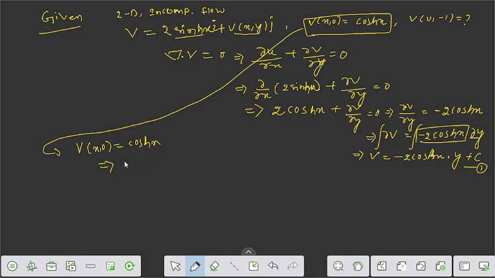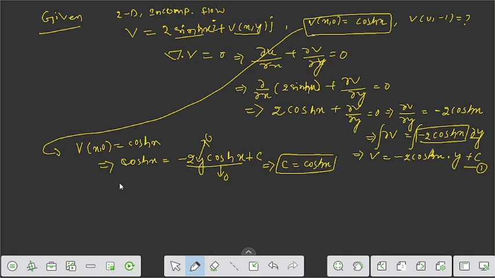That means cosh x is equal to minus 2 y cosh x, and the y value is 0, plus c. So this is 2 into 0 into cosh x, the whole term will be 0. That means c value is cosh x.